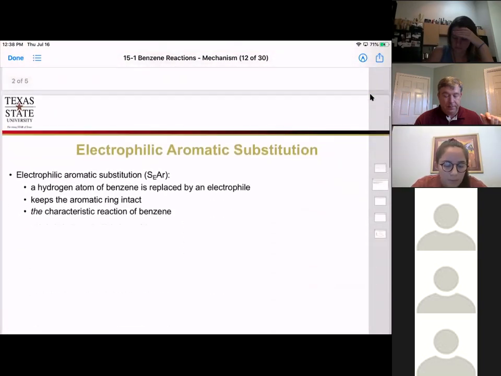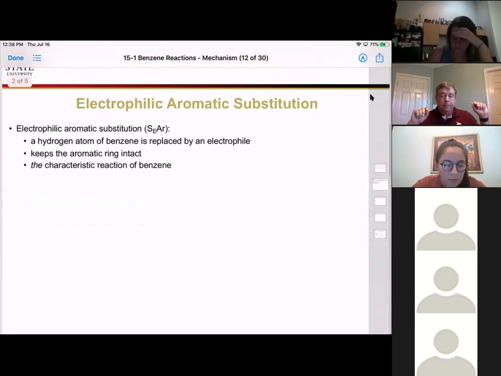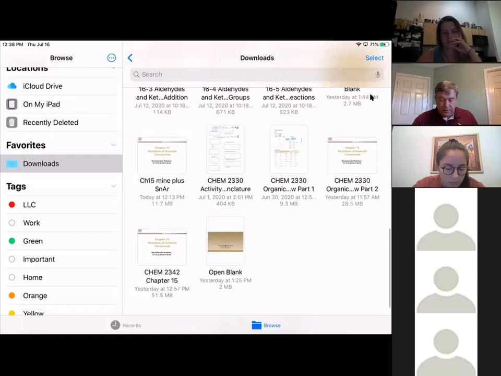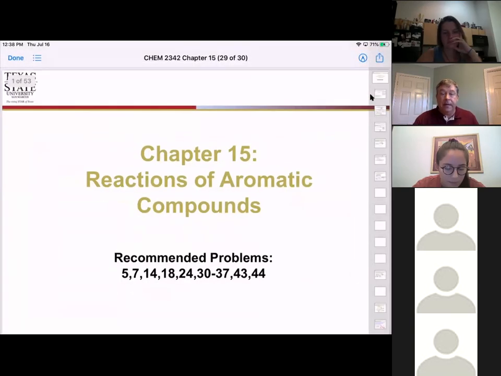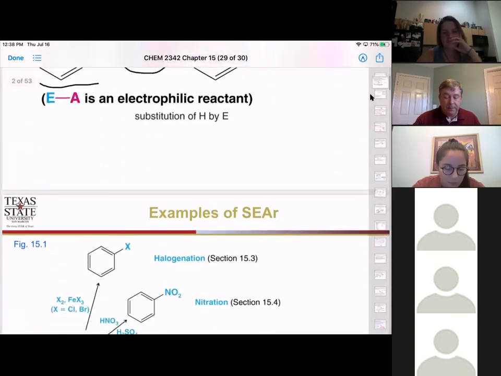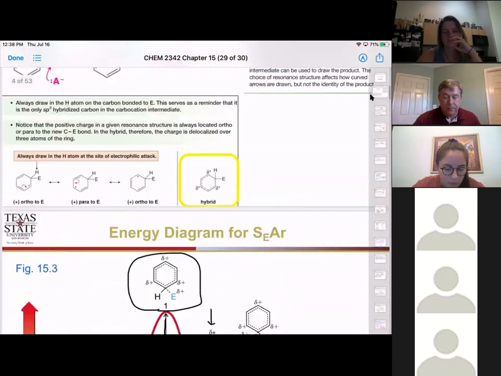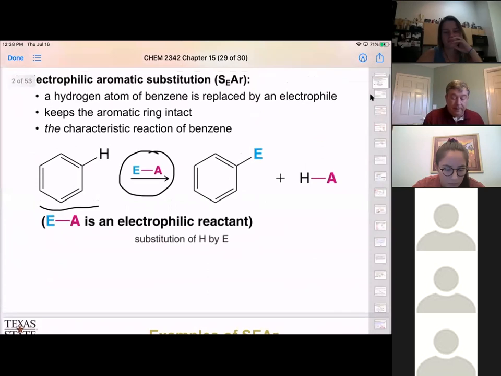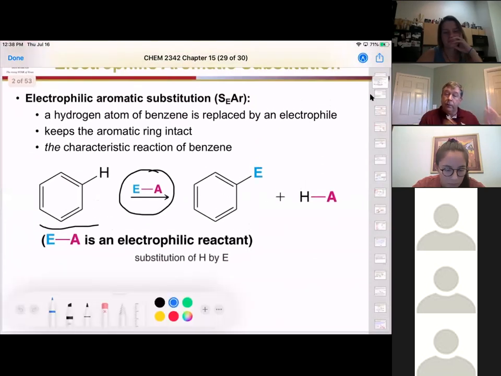Okay, let's see. So the big thing about the first part of chapter 15 is that it's the exact same mechanism for every single reaction, okay? So that makes it really nice in the fact that it's the same mechanism no matter what we do. And again, we're not being tested over the nucleophilic, we're only being tested over the electrophilic here.